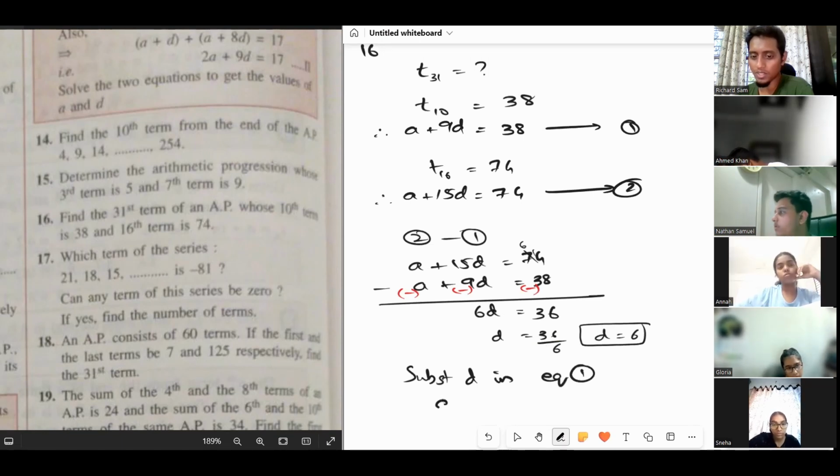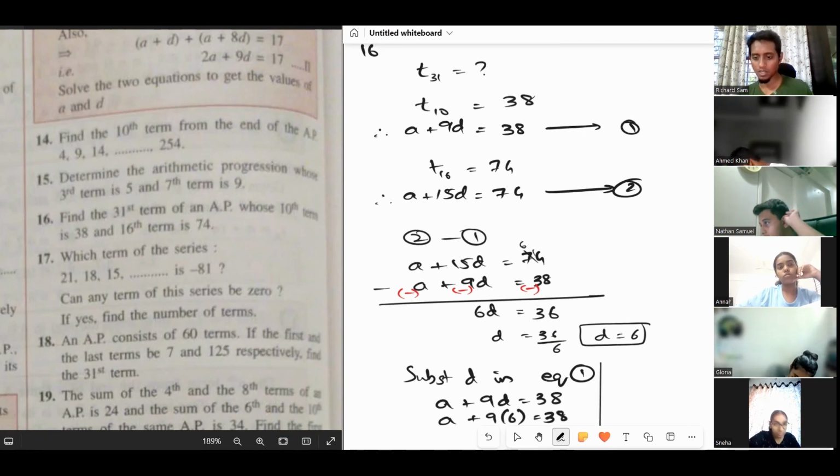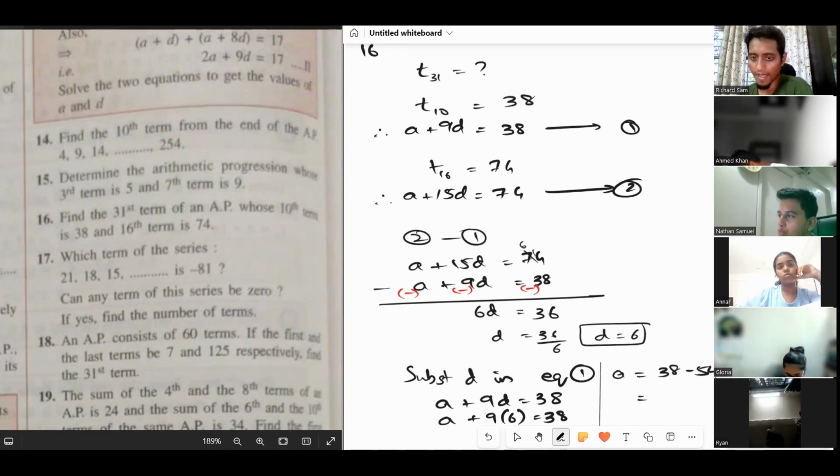So equation 1, which is A plus 9D is equal to 38, will become what? A plus 9 into 6 is equal to 38. So that is A is equal to 38 minus 9 into 6. 9 into 6, 54. So 38 minus 54, that is minus 16.